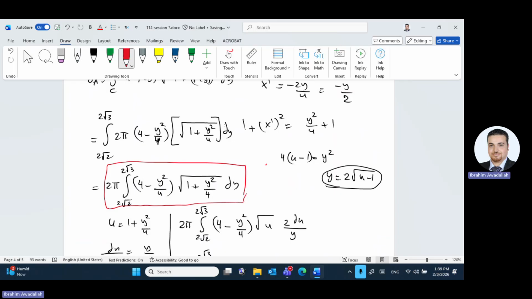2 pi times the integration from 2 root of 2 to 2 root of 3, then open brackets 4 minus y squared divided by 4, close the brackets, open new brackets, then under the root 1 plus y squared divided by 4, close the brackets.